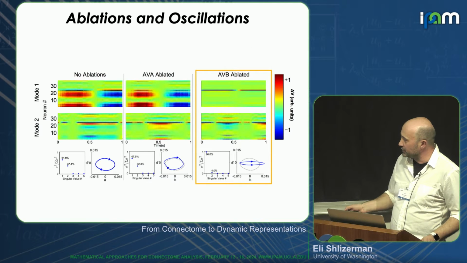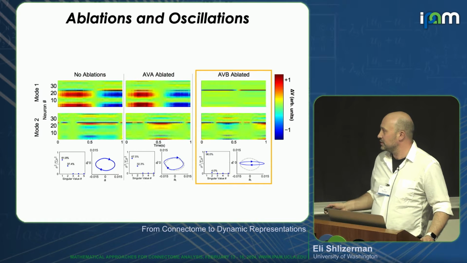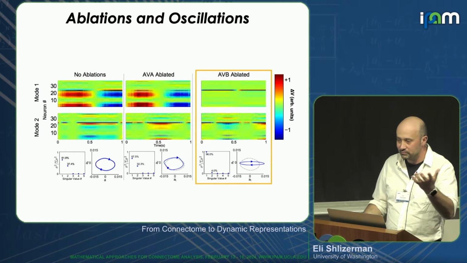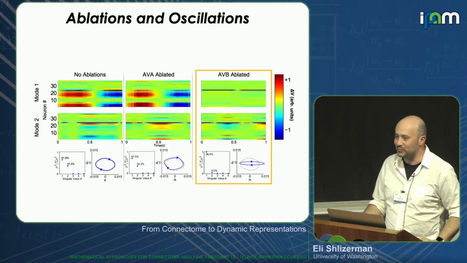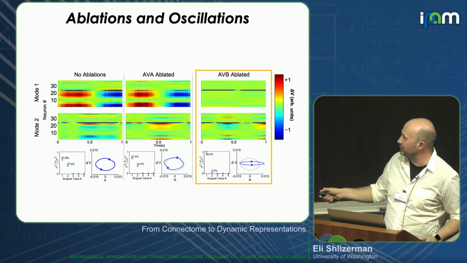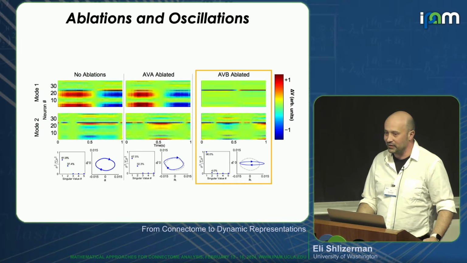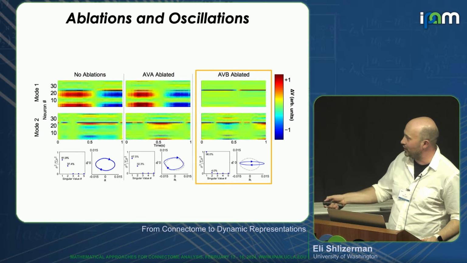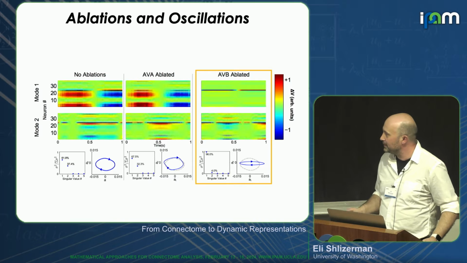We could also use this representation, PCA space, to study ablations in the model. So we would mimic experiments. We would go to the network and ablate a particular neuron. Here, 2 neurons are ablated, each at a time, AVA versus AVB, and then we see whether we get some change in terms of the original dynamics with no ablations.